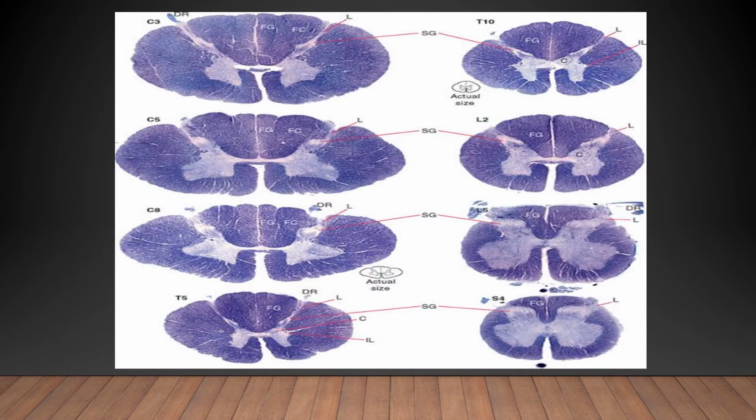So let's discuss differentiating the various segments of the spinal cord. The cervical spinal cord will have a split dorsal column, a prominent anterior horn due to supply of the upper limb, except for C1 to C3, and an abundance of white matter.